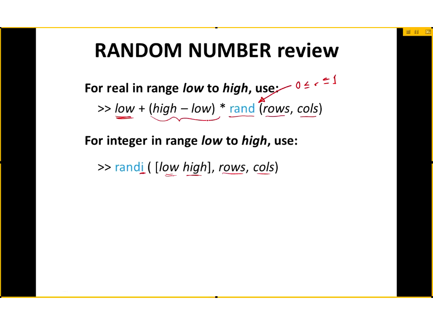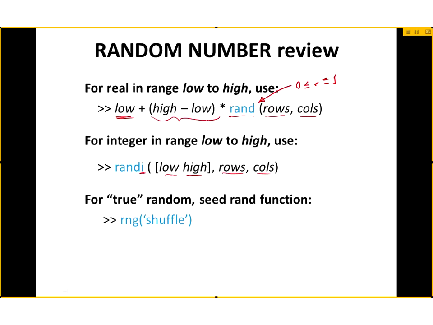And so if you wanted to get a truly random number, then you need to shuffle that rand function, and one simple way to do that is to use the rng command in MATLAB with the input argument 'shuffle' in quotes, and that will randomly shuffle the rand function so that you get truly random numbers after that, or at least somewhat truly. Okay, and then if you do need to reset the rand function without shutting MATLAB down and restarting it, you can use rng default to reset it back to the beginning again.